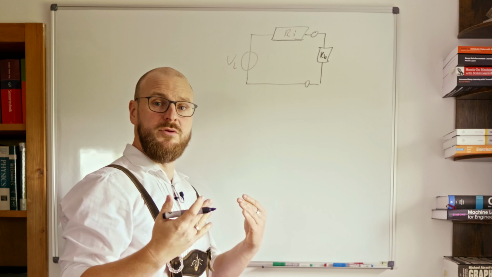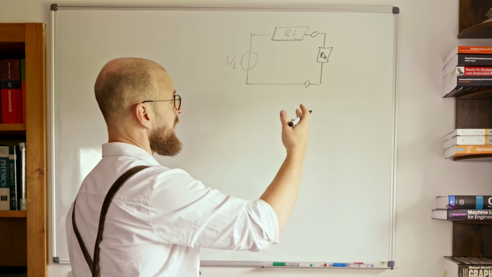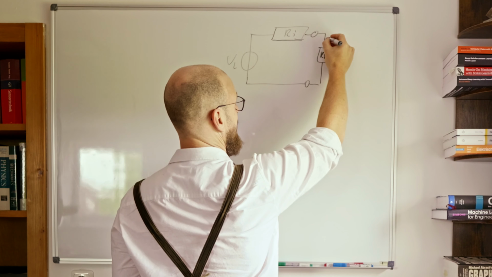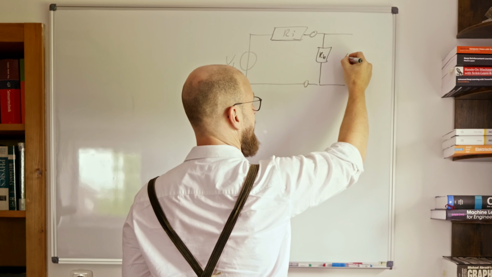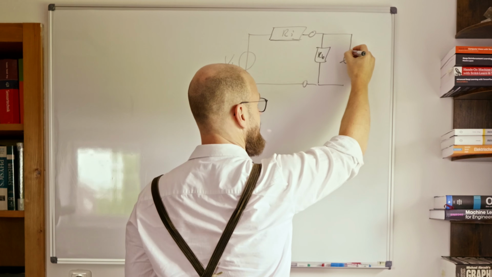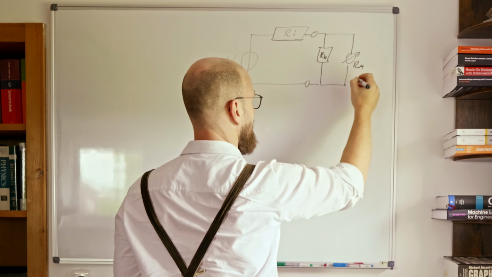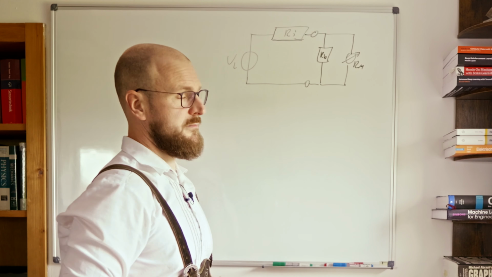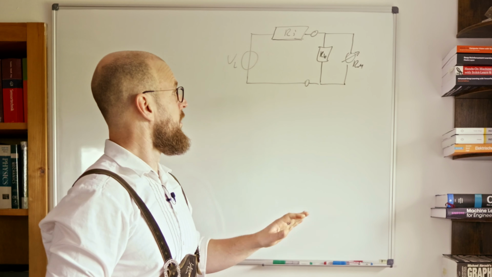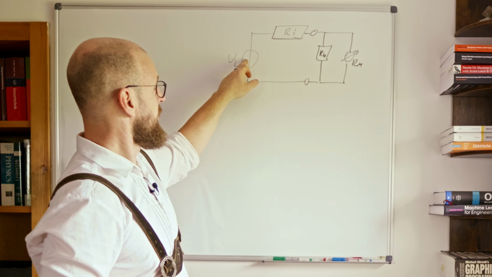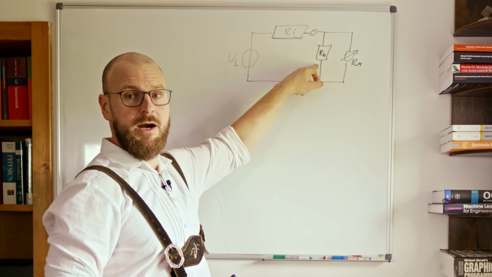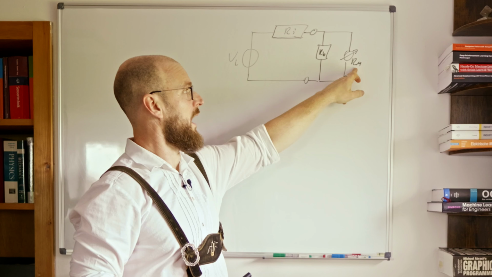And now we want to know the voltage which falls along that resistance, which is, for example, a motor, and we would connect our measurement device in parallel to that resistance. So doing so means the voltage which falls along RB will also fall along RM.